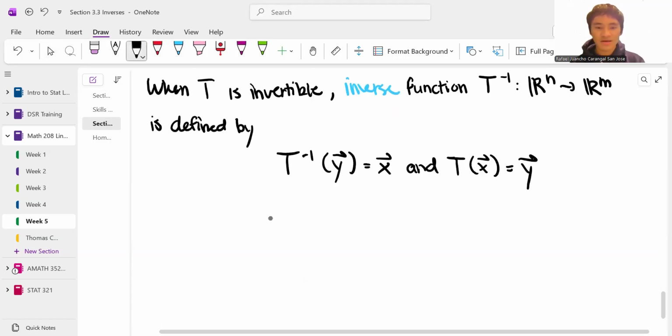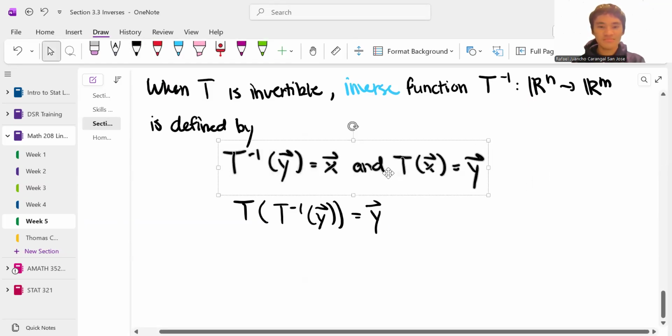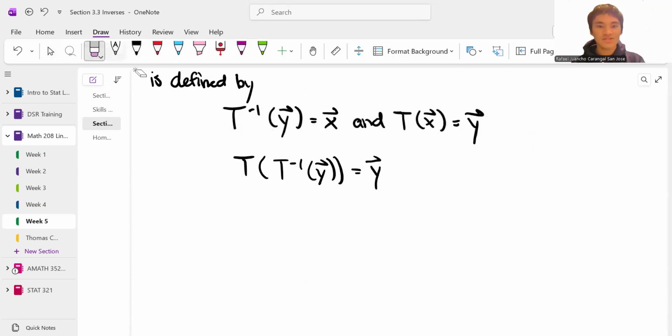Now, the funny thing is that if we transform the inverse of y, we're going to get back that y. This thing is just x, and T of x is just y.